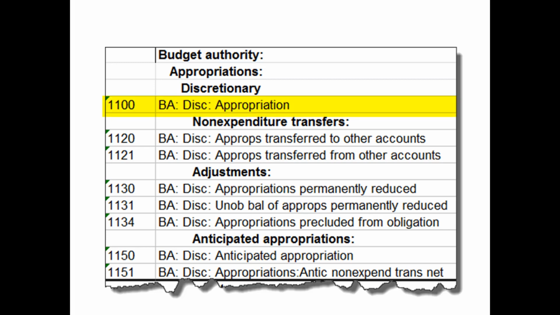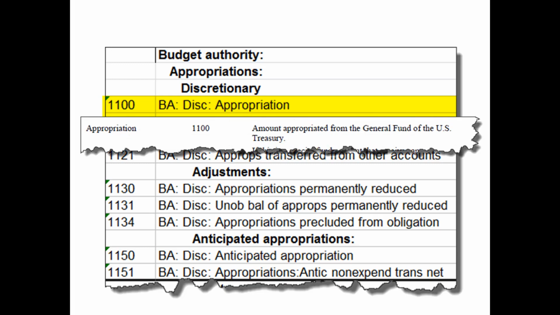The first line is probably the most frequently used line on an apportionment, line 1100. Discretionary appropriations. The amount appropriated from the general fund of the U.S. Treasury. This is the line where one would enter the amounts determined to be appropriated to discretionary Treasury appropriation fund symbols, or TAFs.